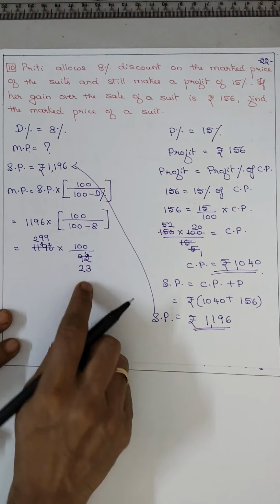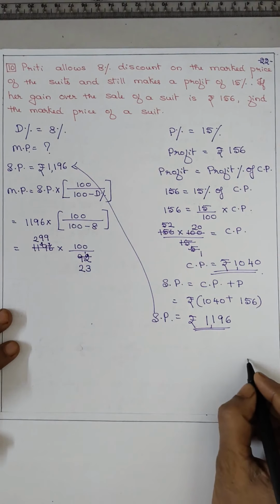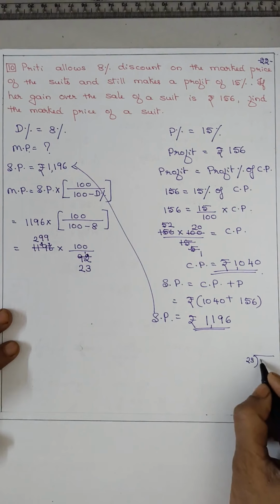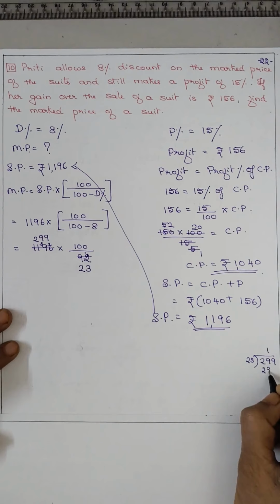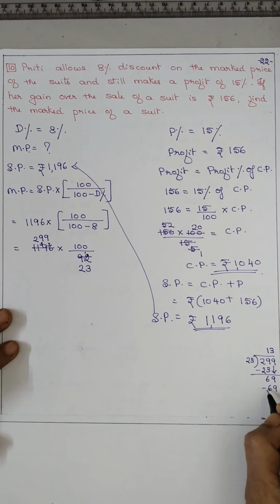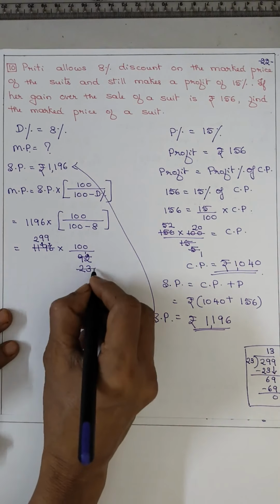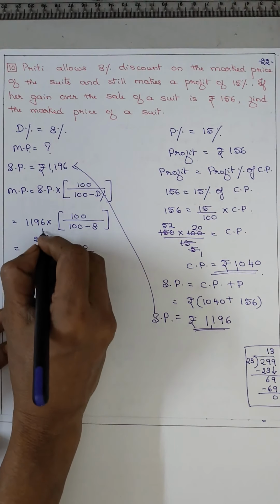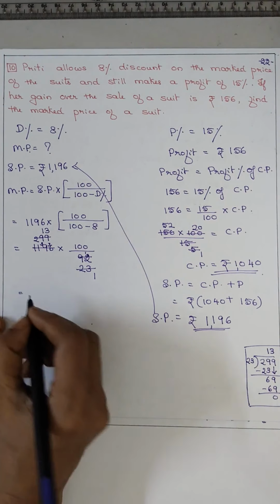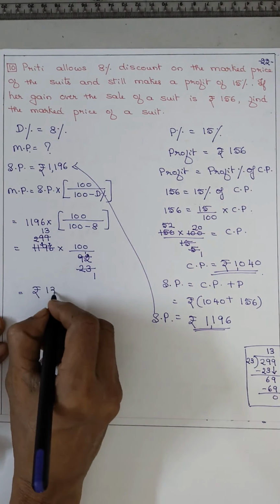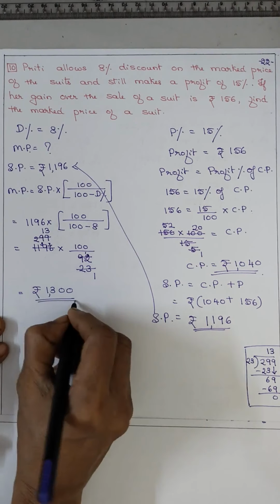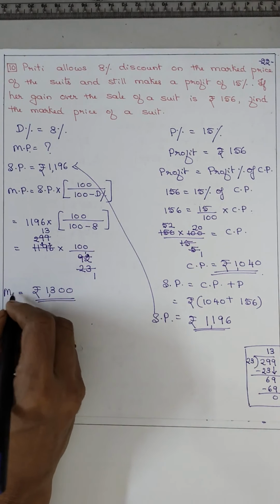Now 23 is a prime number, so 23 into 299. 23 ones are 23, 6 remains, 9, 23 3s are 69. So 23 ones are 23, 13s are 299. So the answer is rupees 1300, that is 1300. This is MP.